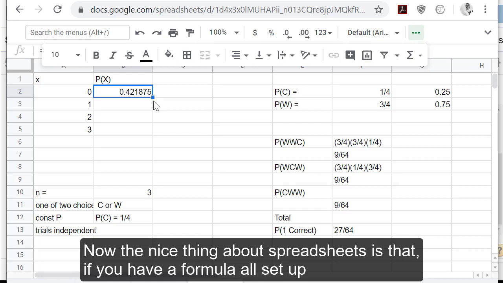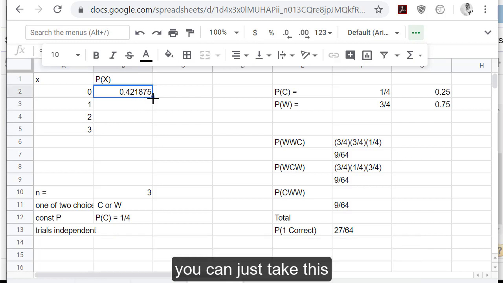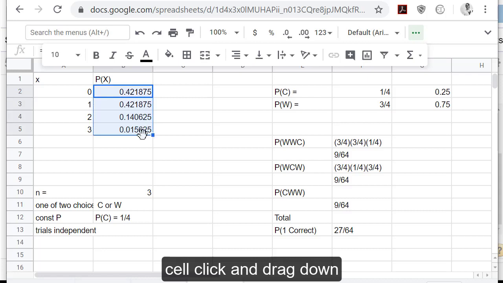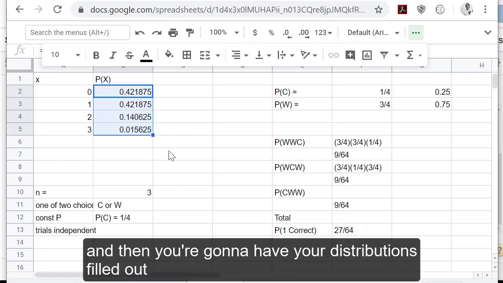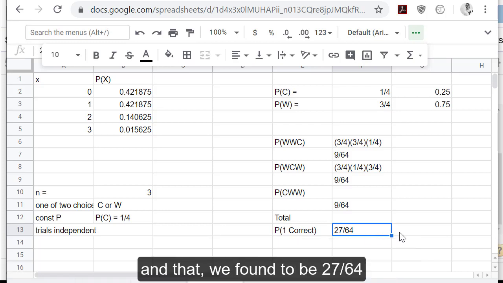Now the nice thing about spreadsheets is that if you have a formula all set up, this is the probability for 0. We're going to want the probability for 1, for 2, for 3. You can just take this cell, click and drag down, and you're going to have your distribution filled out. What we were looking for was the probability of getting exactly 1 correct, and that we found to be 27 over 64.